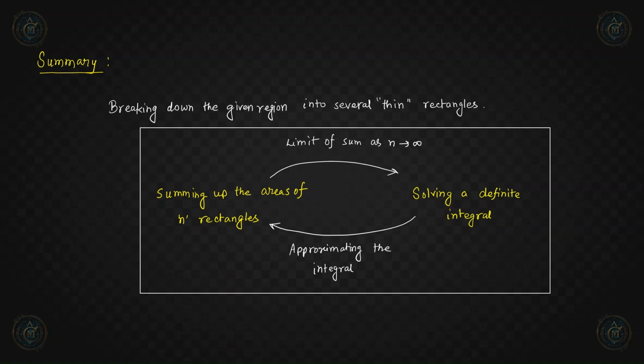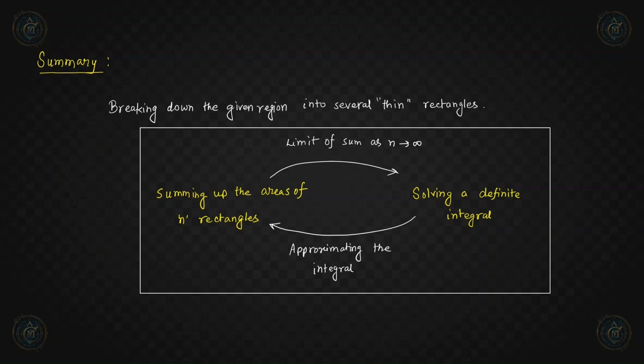So we are talking about a definite integral when we have to find the limit of the summation, and when we are told to approximate a given integral, we break down the region into n parts and then sum up all the areas of the rectangles. Okay, this will be our approach to deal with the problems. So these two topics are closely related to each other.